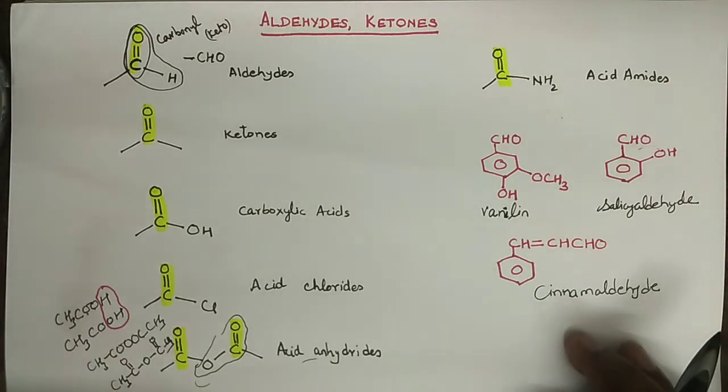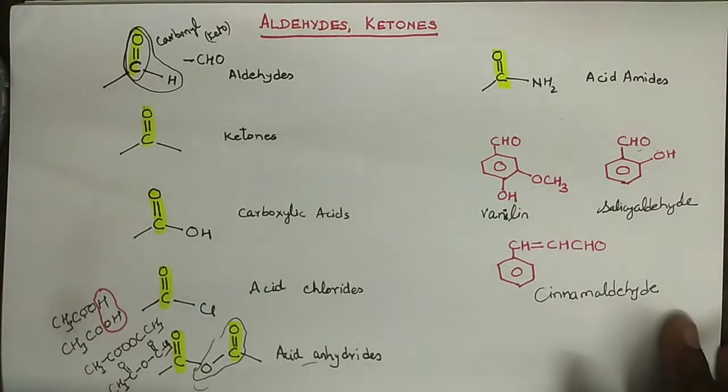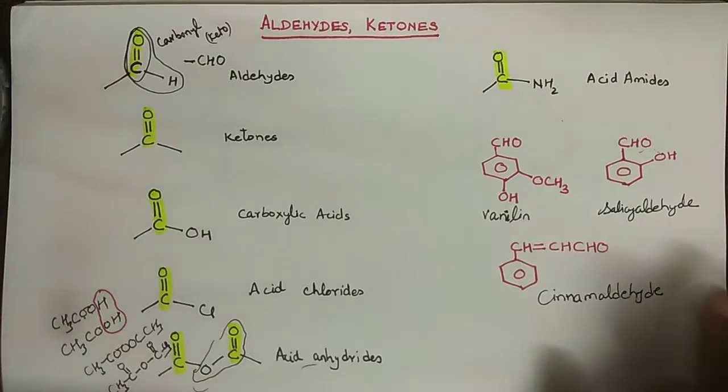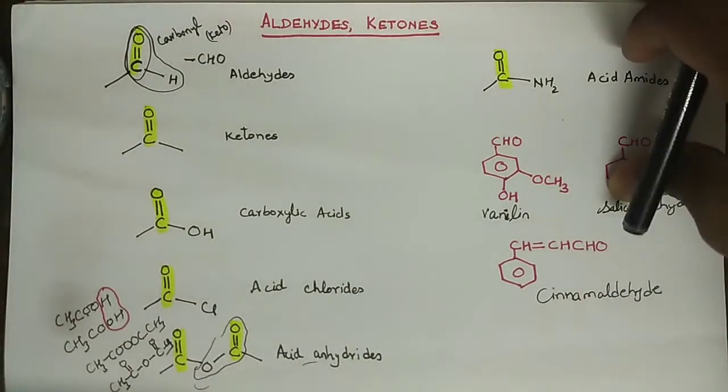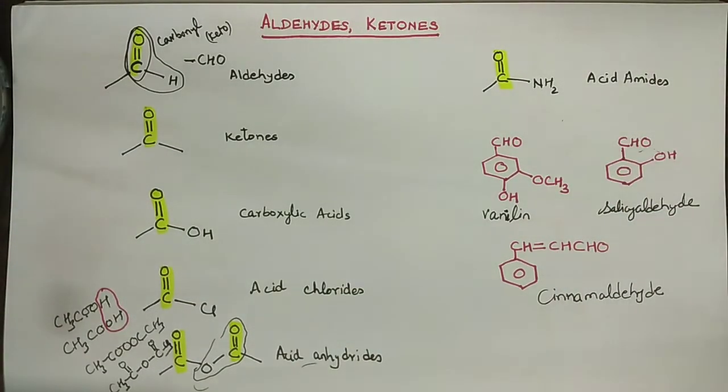So it is present in cinnamon. Basically, I want to say that these compounds are also used in many food products and pharmaceutical industries to add some flavors. Moreover, they are also used to prepare some adhesives, paints, plastics and very different categories of polymers.